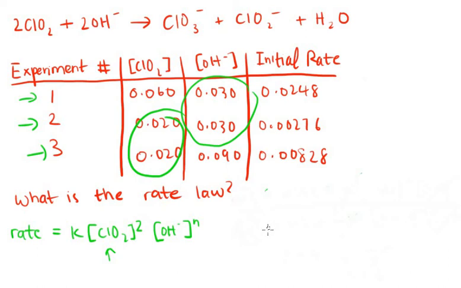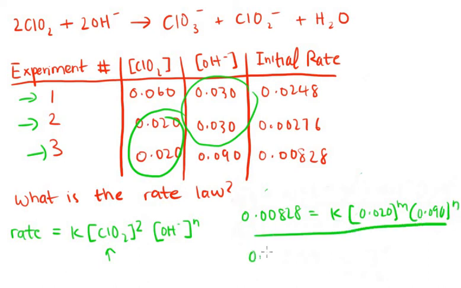So let's do the same thing that we did. 0.00828 is equal to k, 0.020 to the m, 0.090 to the n, and we divide this by 0.00276 equals k, 0.020 to the m, 0.030 to the n. Same, so we're just doing number 3 over number 2.